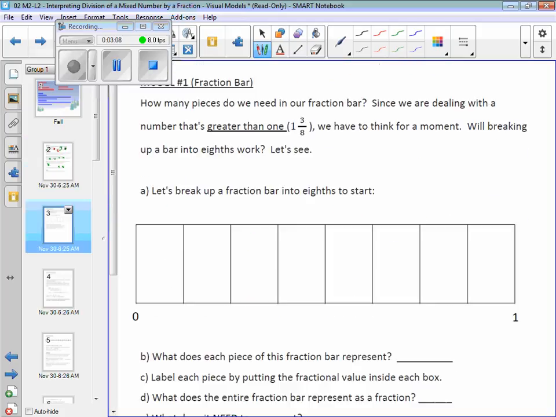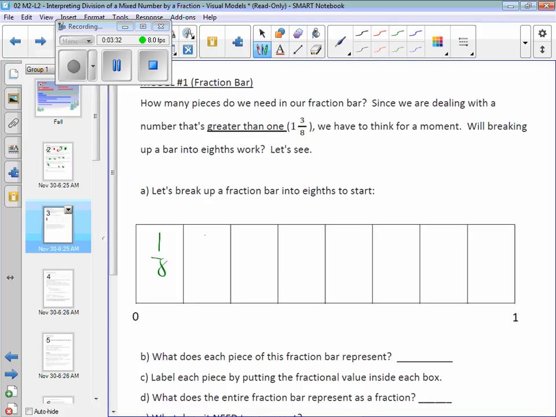First, I'll show you the fraction bar. So right now, count up the boxes and tell me how many you got. Each one is worth what, Tim? What's the value of each box? Correct, 1/8.